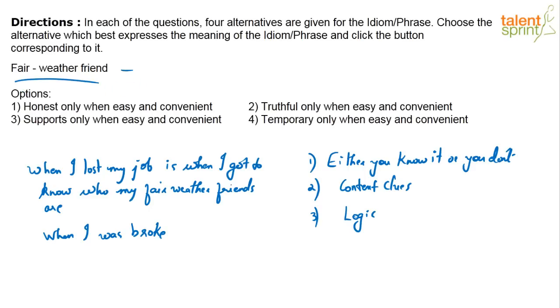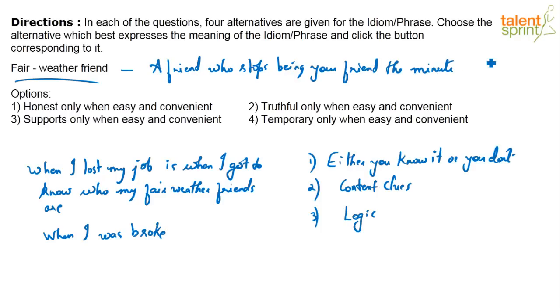A friend who stops being your friend the minute you have some problems. Otherwise they are good friends because it's easy and convenient for them. So, not honest, not truthful, but supports only when easy and convenient.